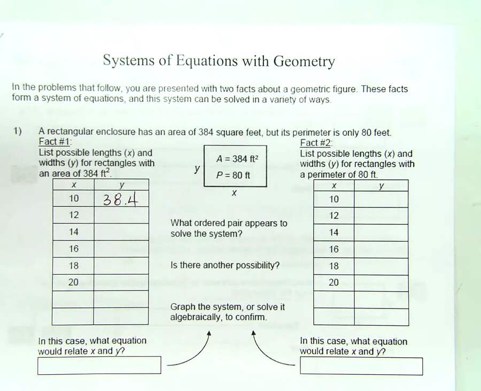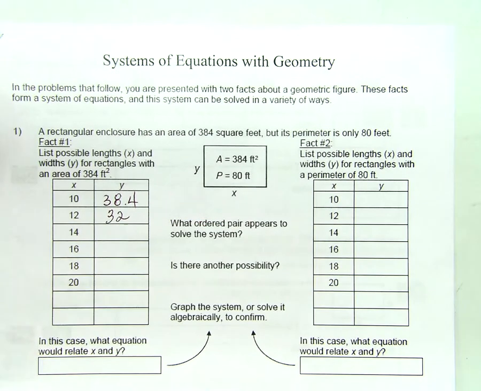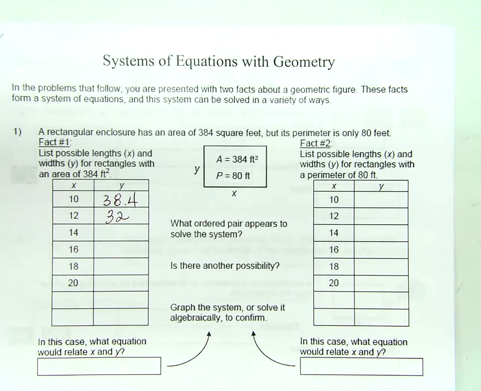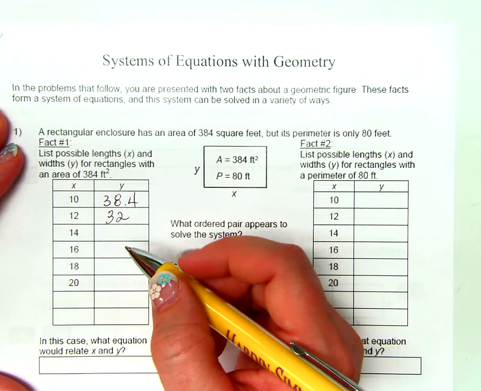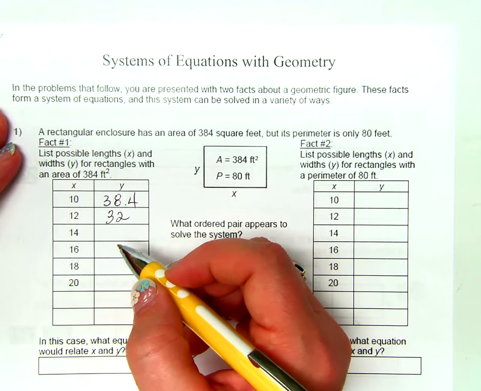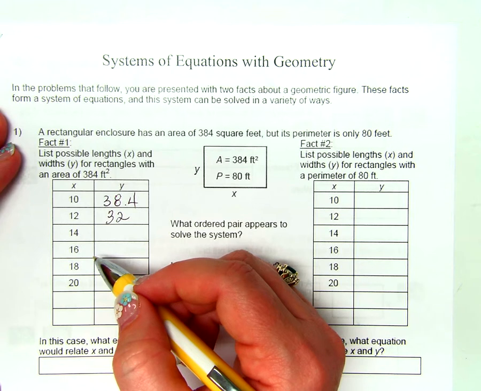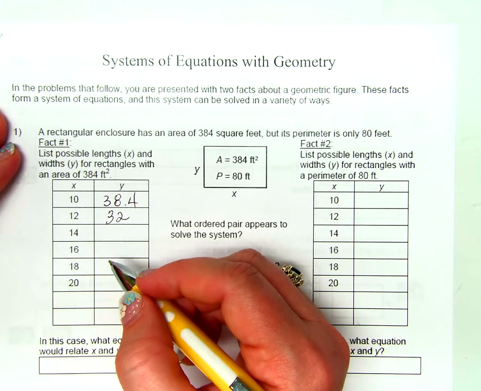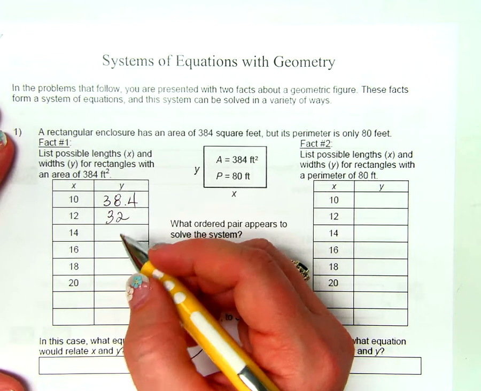38.4. What if x is 12? 32. Okay, somebody else? What if x is 14? What's 384 divided by 14? Everybody's going to have to do at least one of these, so go and get your calculator out and ready to go.